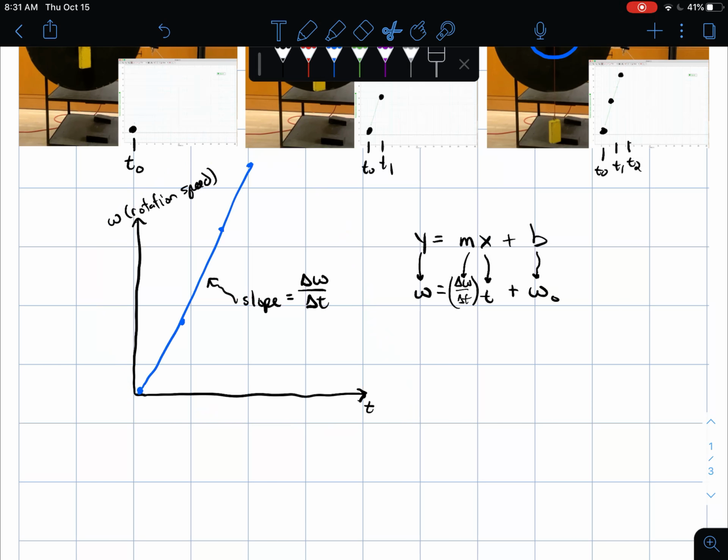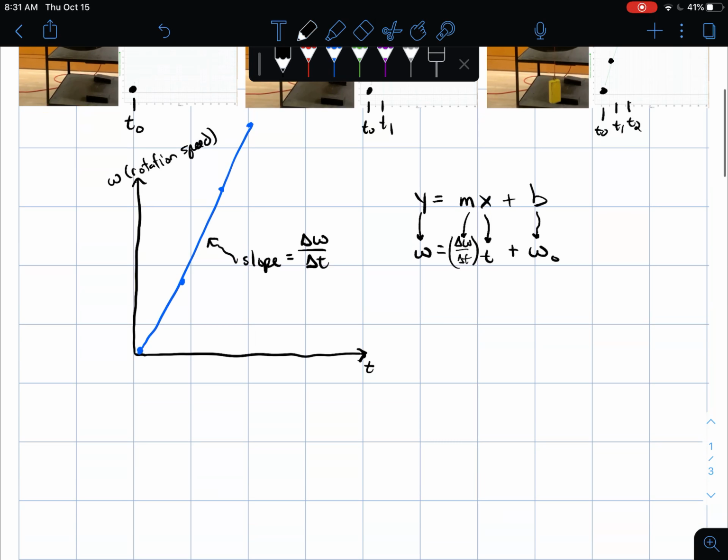All right? And so when we do that, let me just rewrite this. Omega is, I'm going to make it a little bit clearer. Okay, now something that we saw in the video when we were talking about Newton's second law was that delta omega over delta t, all right? Clearly that's the slope of this line, but what this means is it's the change in speed with respect to time.